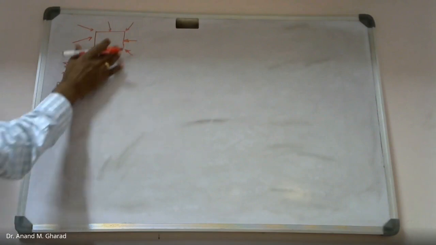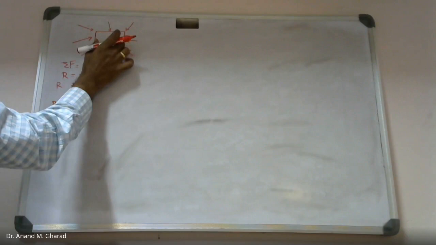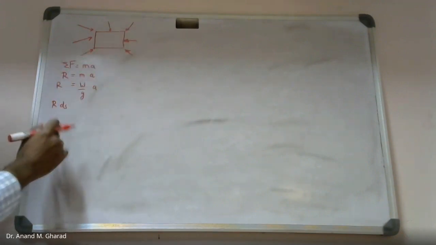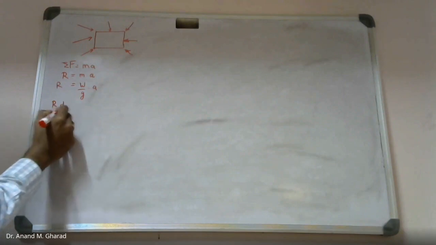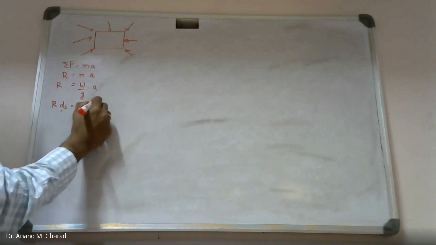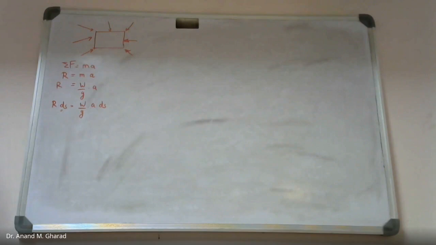See what happens by virtue of these forces. This rigid body may get displaced by some amount. Okay, the direction is not known right now. So let us say that this is the small elementary displacement with which I am multiplying this equation on both sides. Okay.